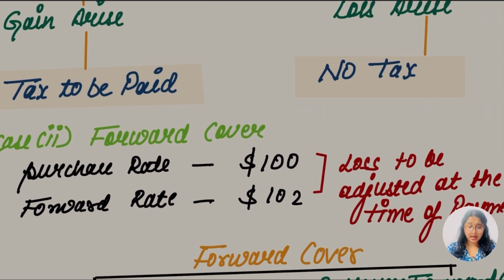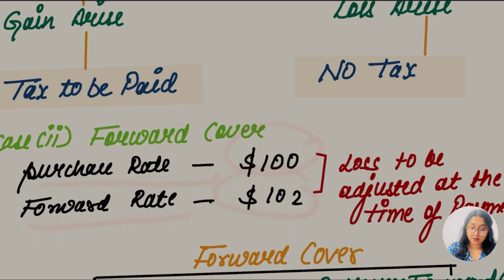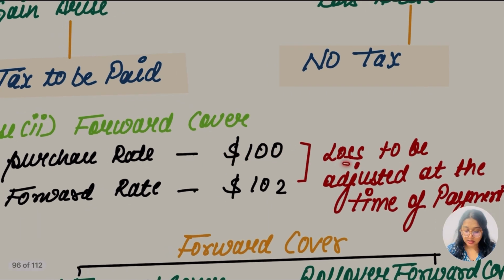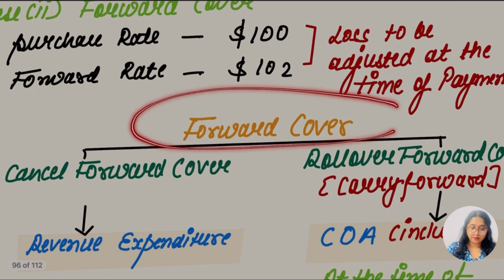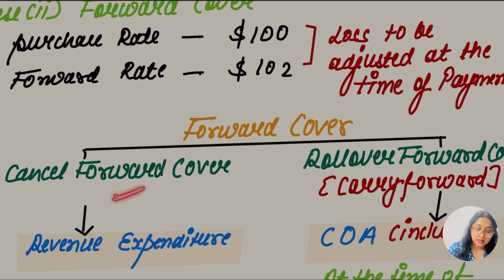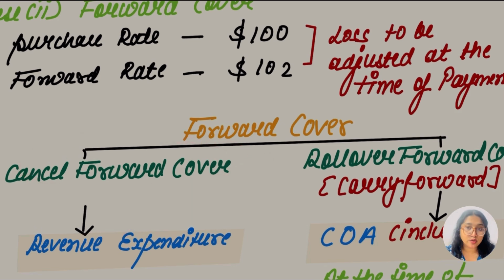As I told you, this is the purchase rate which is given as $100 and this is the forward rate, which is $102. Now the loss is to be adjusted at the time of payment.